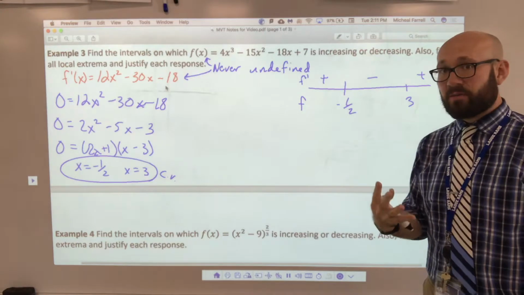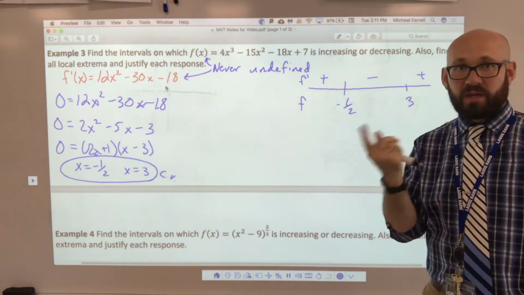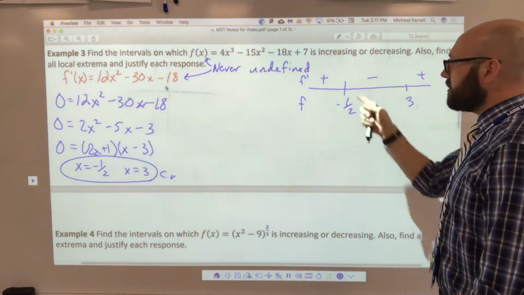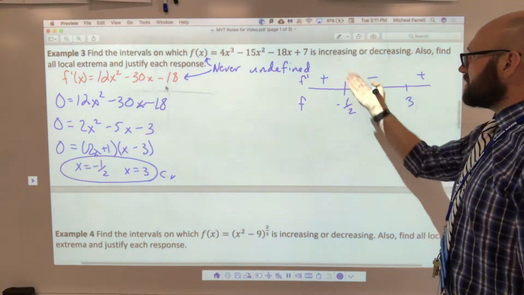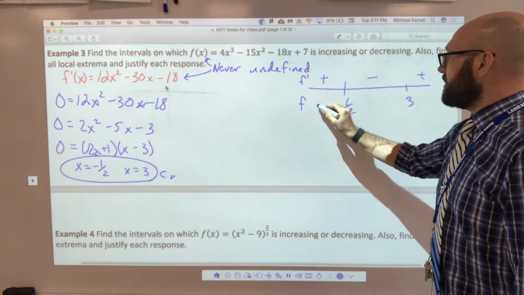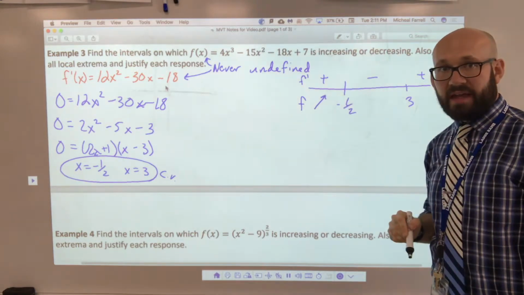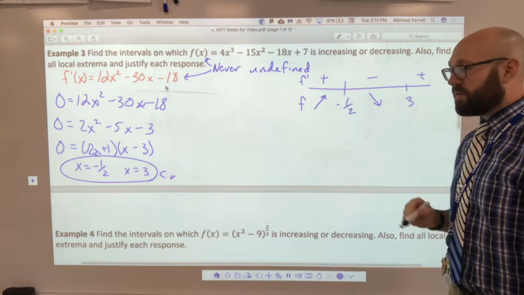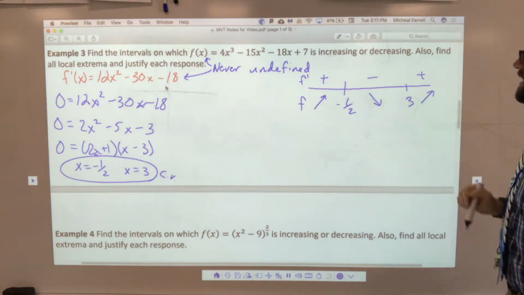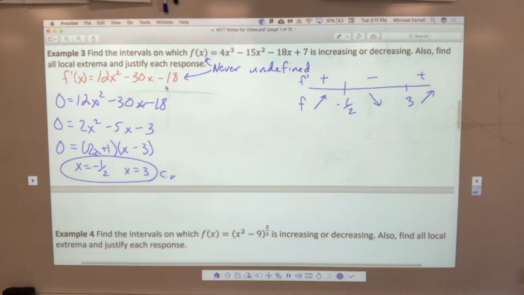I know I get 0 when I plug -1/2 and 3 into the derivative. But now I determine, what does the derivative tell me about what the function is doing? Well, since the derivative is positive, that means my function is increasing on that interval. My derivative is negative, I know I'm decreasing on that interval, and I'm increasing again. So what I'm doing is figuring out where I'm increasing and where I'm decreasing.